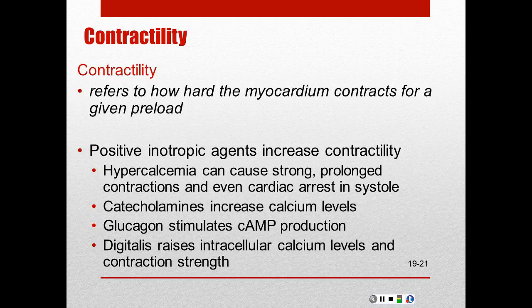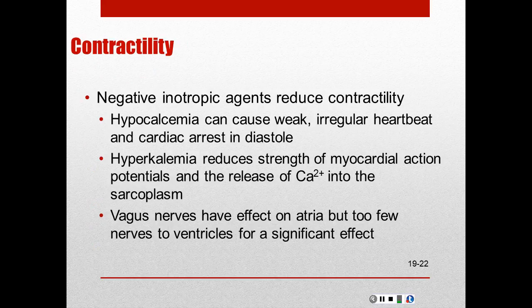In hypocalcemia, where we have a very low amount of calcium ions, the cardiocytes lose calcium ions to the extracellular fluid, leading to a weak heartbeat and potentially to cardiac arrest in diastole, and it is more likely to kill through skeletal muscle paralysis.